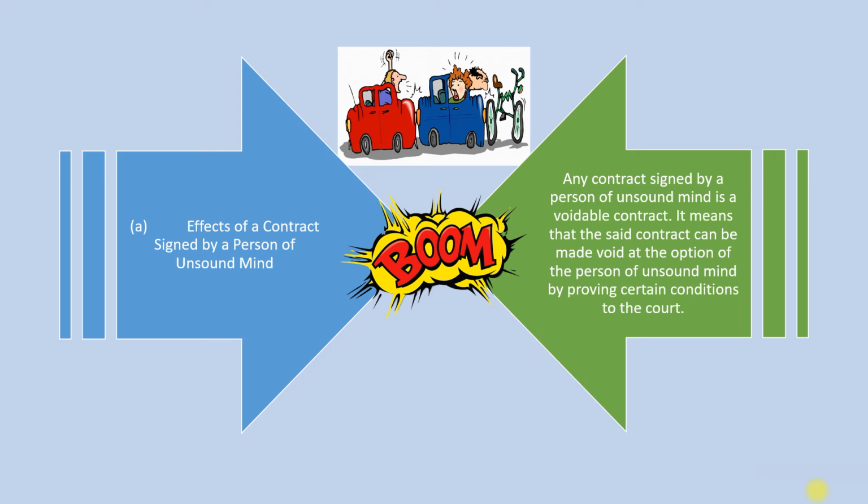Any contract signed by a person of unsound mind is a voidable contract. It means that the said contract can be made void at the option of the person of unsound mind by proving certain conditions to the court.